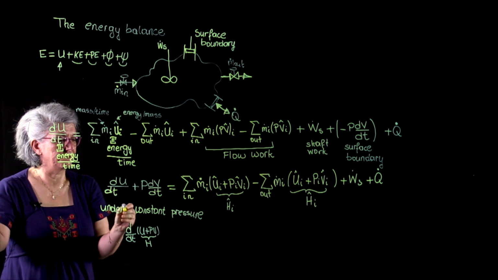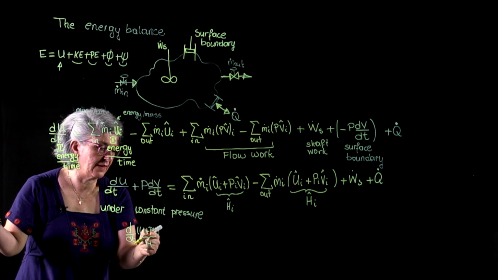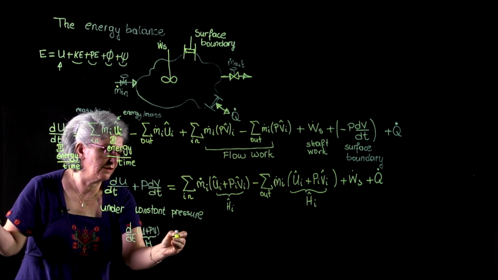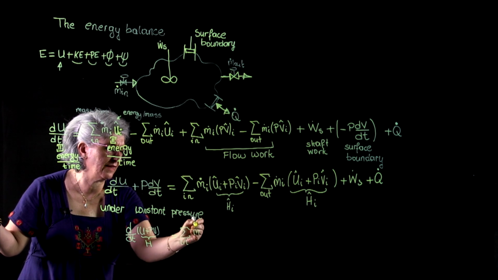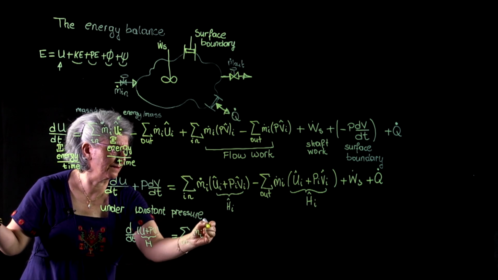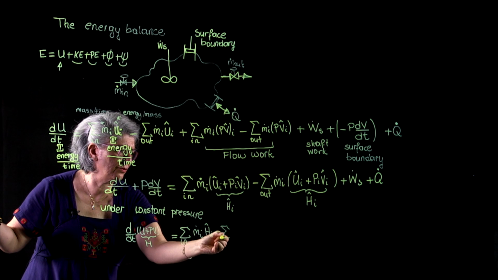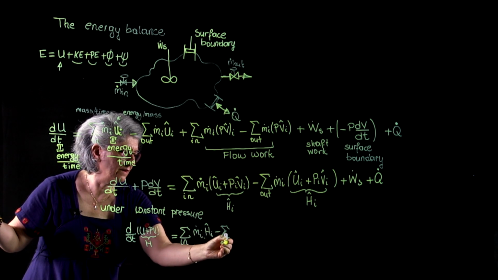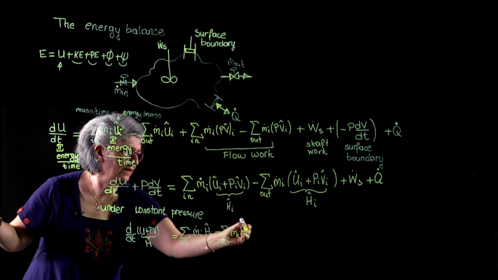All right? Under constant pressure conditions, my general energy balance becomes dH over dt equal to summation of all the streams that are coming into the reactor, m dot i, H i, minus all the streams that are going out, m dot i, H i.